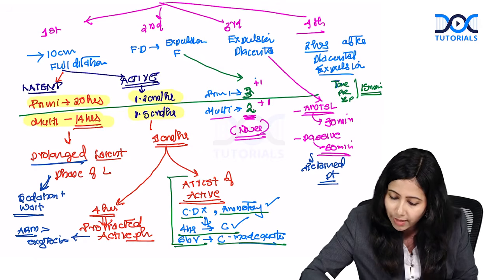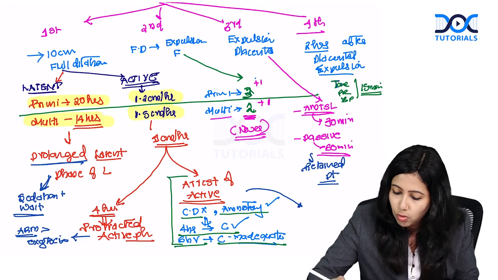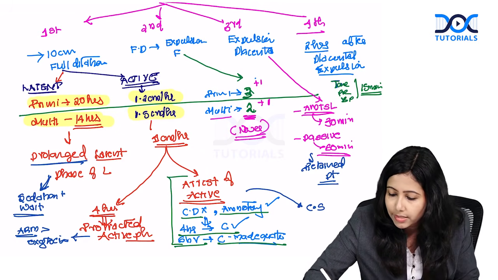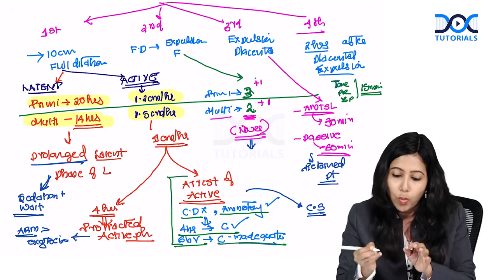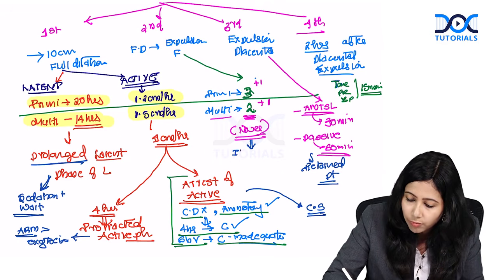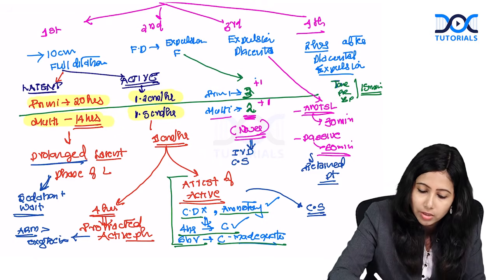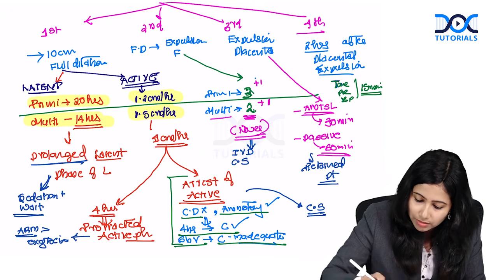Next is arrest of active phase. Arrest of active phase means you have to go for Cesarean section. And when we see that there is second stage arrest, we have the option of instrumental vaginal delivery or Cesarean section depending on the stage. So these are the managements.